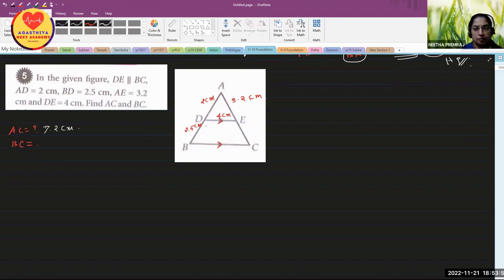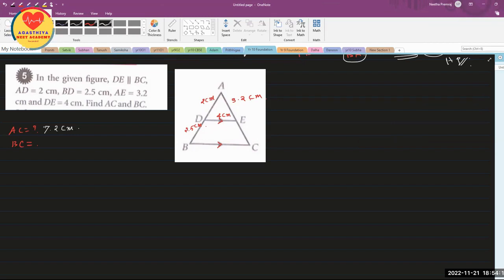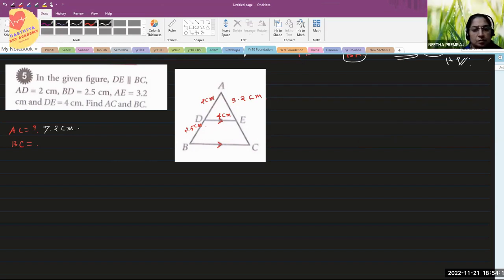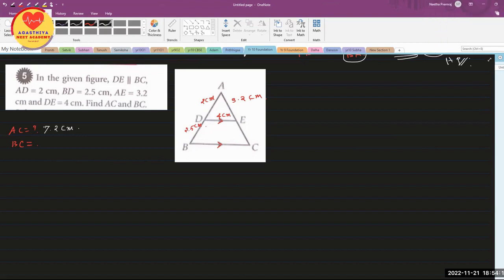Okay, then BC? BC is 9 centimeter, ma'am. BC is 9 centimeter. Can I know another way to find BC, ma'am?